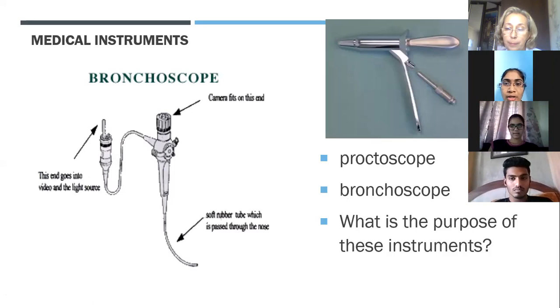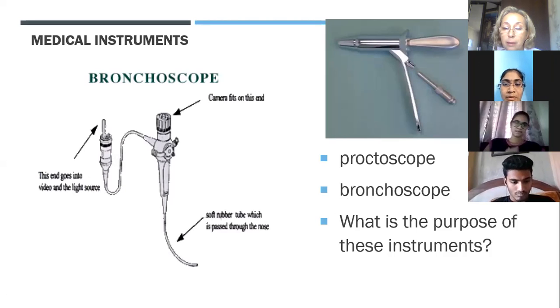Examine the inside of lungs. Yes, Rina, please. Bronchoscope is for lungs examination. Okay. What about proctoscope? Ma'am, it is used to test the rectum and anus. Yes, you're right. Okay.